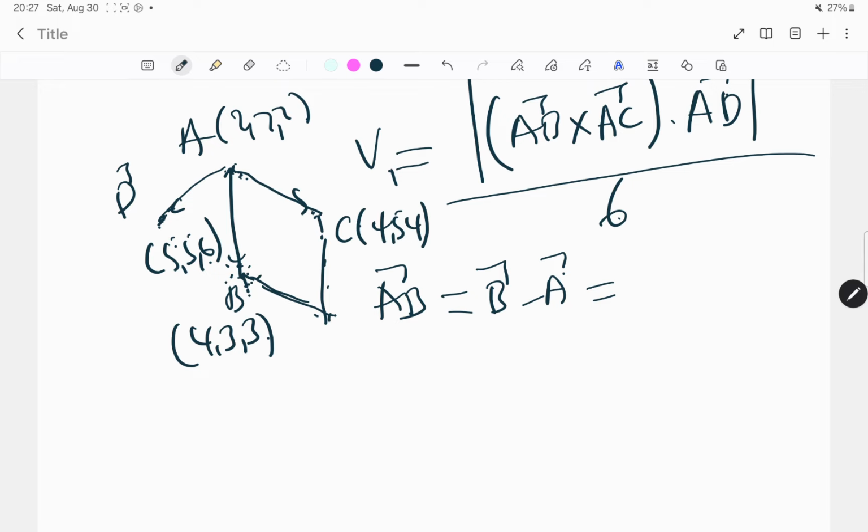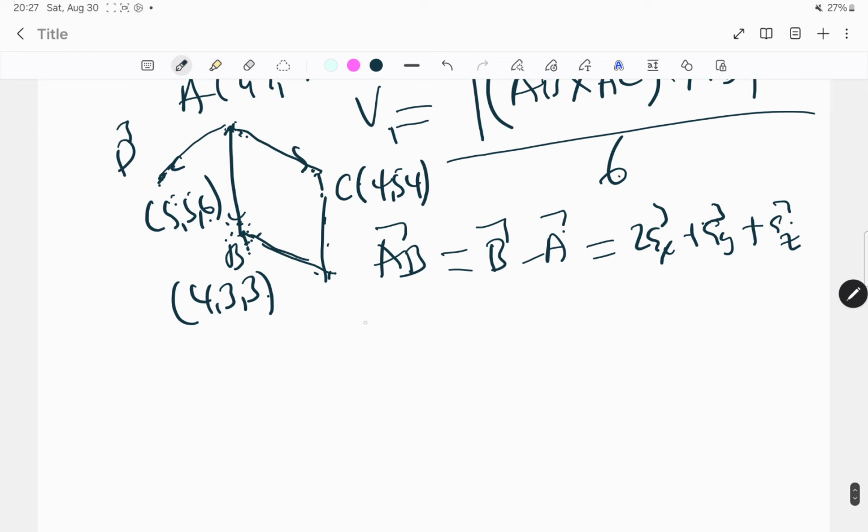So with this, I can get AB, which is vector B minus vector A: 4 minus 2 is 2 i, then 3 minus 2 is plus 1 j, then 3 minus 2 is 1 k.